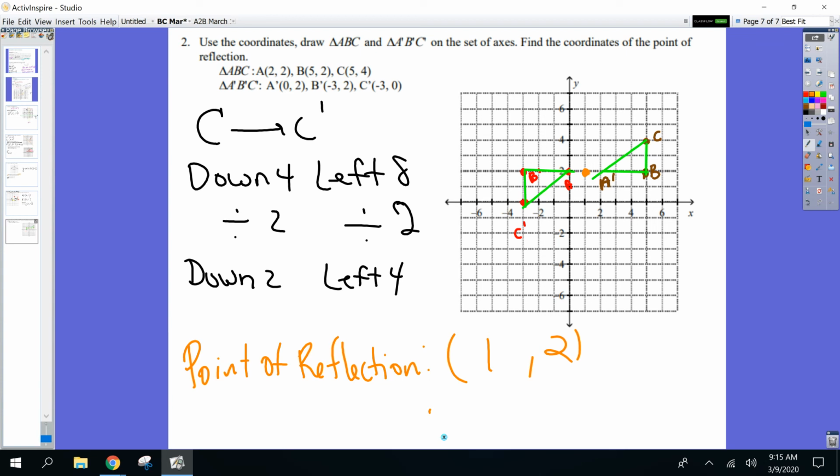Deep breath here for this question. 1, 2 was our point of reflection. Those were the coordinates of C, C prime. How does 1, 2 relate? C was 5, 4. C prime was negative 3, 0. How do I get a 1, 2 out of there?